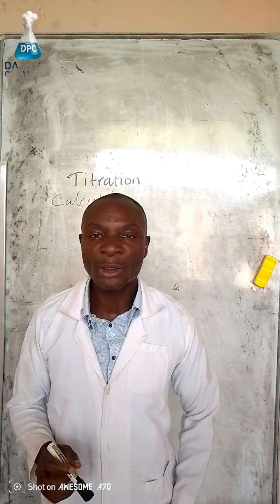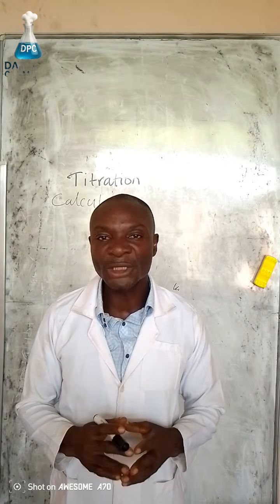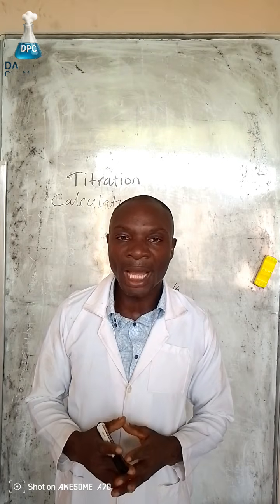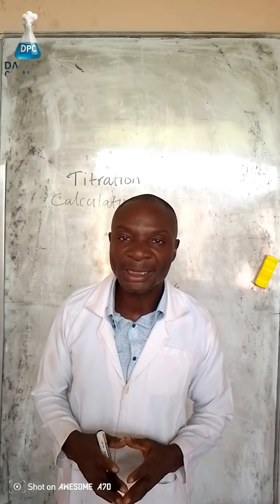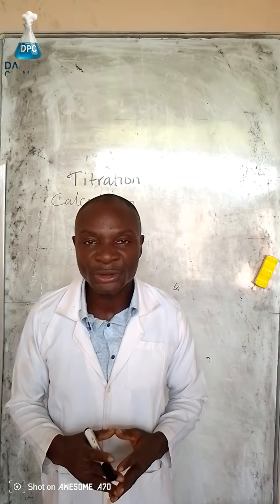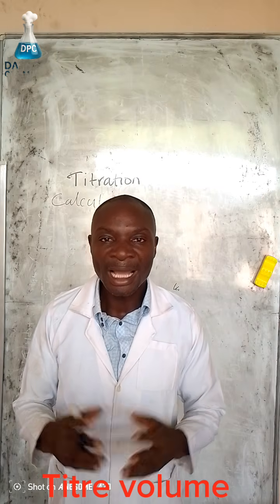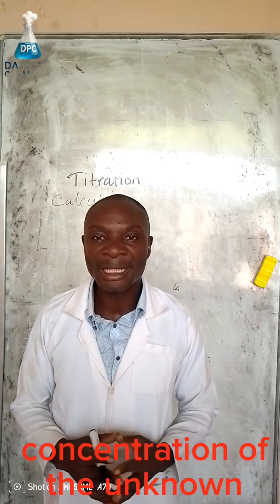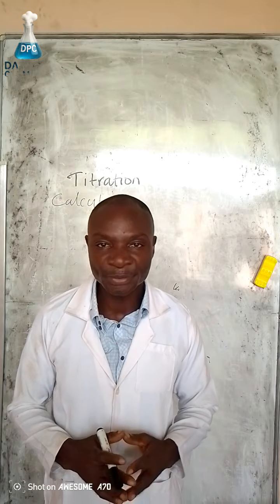This time around, we'll be concerned with calculations after titration. Now, the titration is done in the lab. Thereafter, every student or scholar is expected to do some calculations to determine the titre volume, the concentration of the unknown, and other calculations that are prescribed or required by the examiner.